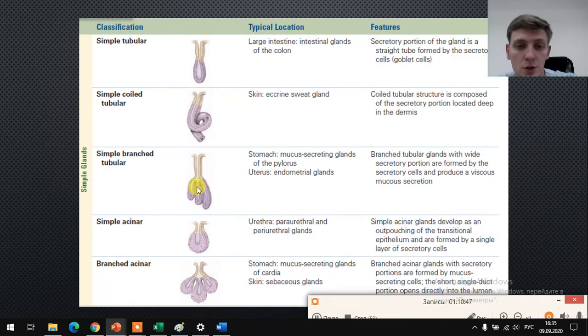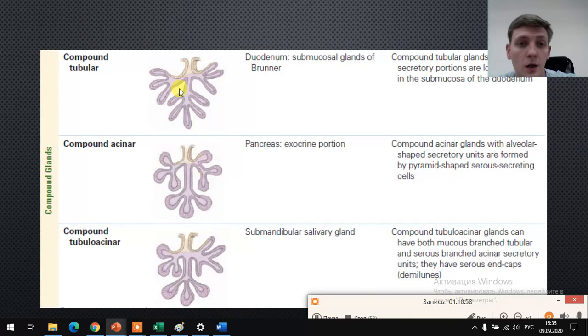Here is branched: one duct and a few secretory portions. But here we have a system of ducts which go into another duct. We have a large variety of these glands, but the most common example is the mucosal glands of Brunner in the duodenum. And a more obvious example is our salivary glands. The sublingual salivary glands are predominantly compound tubular in shape.